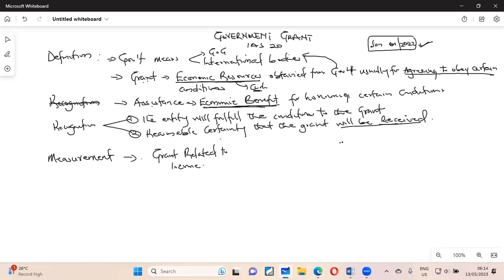Then we have grants related to assets. So it's either the grant is received, so this one we call it revenue grant. And this one, we call it what? Capital grant.